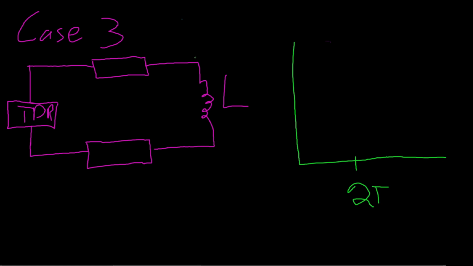The third case is the inductor. An inductor will initially act like an open. And so if the inductor is an open, the coefficient is going to be infinity over infinity, which is equal to 1, so fully reflect.